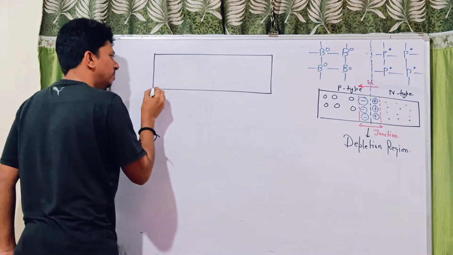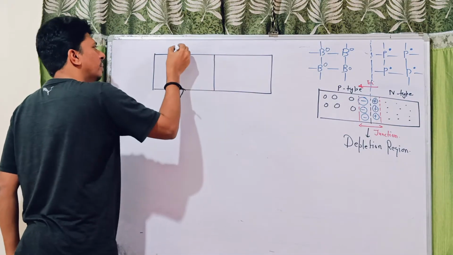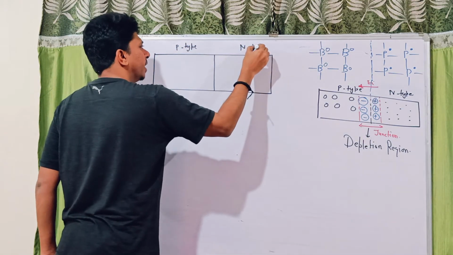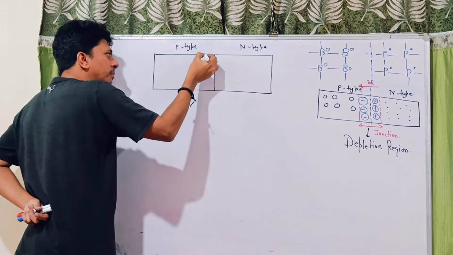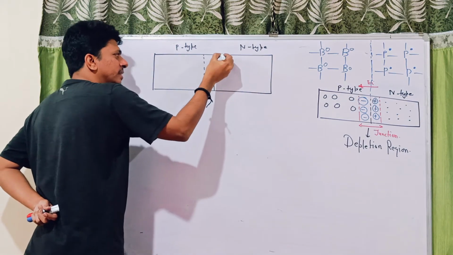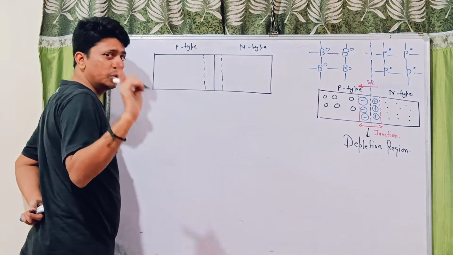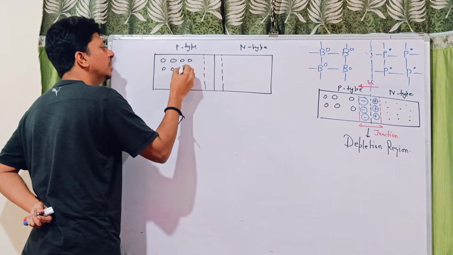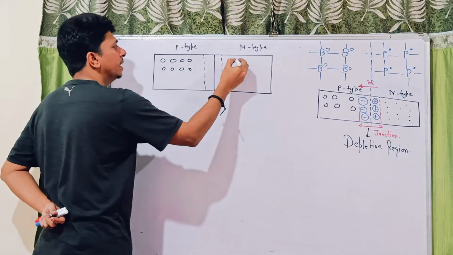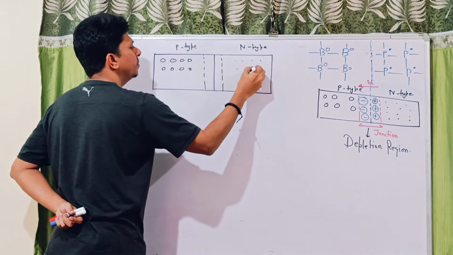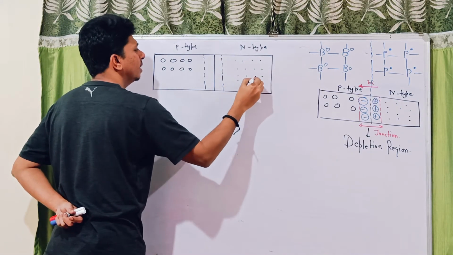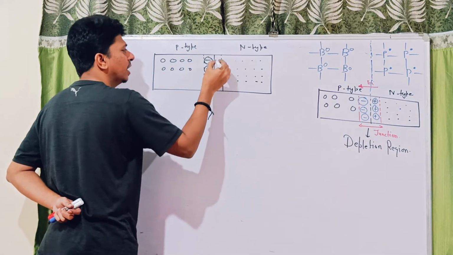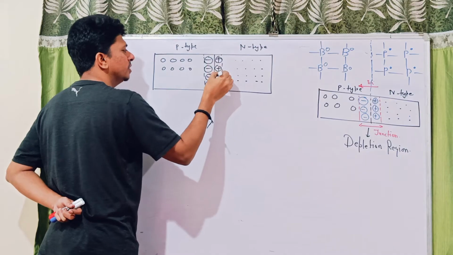So now I'm going to draw the PN junction. This is a p type region, and this is an n type region, and in between them there will be a depletion region. Why depletion region? Inside the p region lots of free holes are available, and inside the n region many free electrons are available. Inside this region there will be a creation of negative ions, and on that side positive ions.